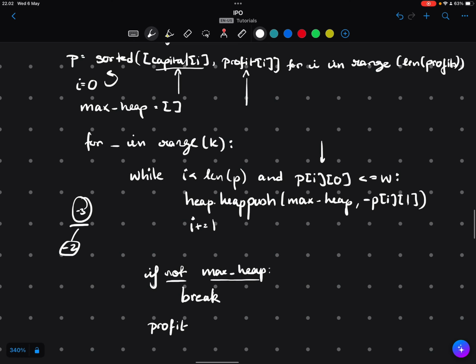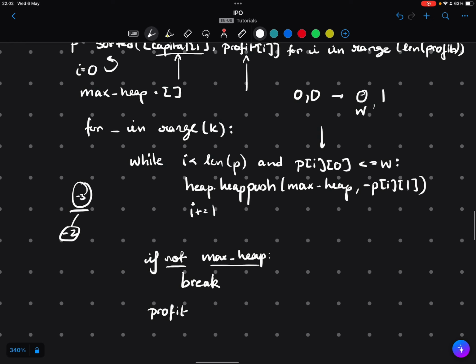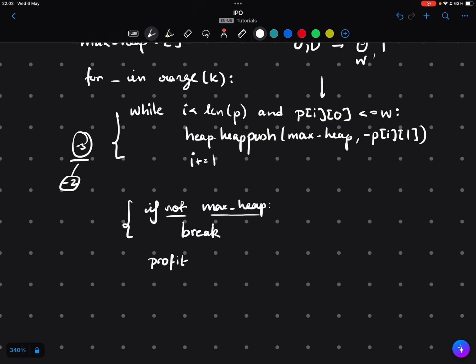In the same example, we are given capital equals 0. That one is the most feasible one, and that's why it works. We have 0 matched up with 0. But if we had 0 as our W and the lowest cost capital was 1, we couldn't afford any projects. So our max heap would turn out to be empty in that case, and by breaking, we essentially just return our W.